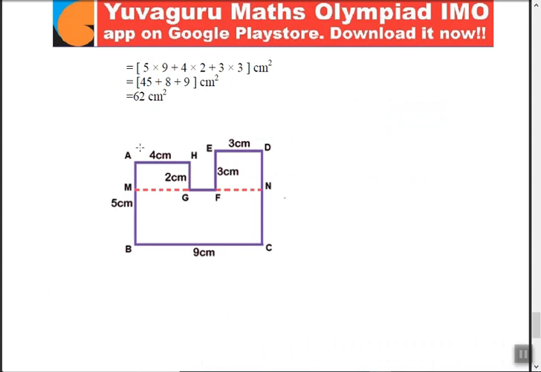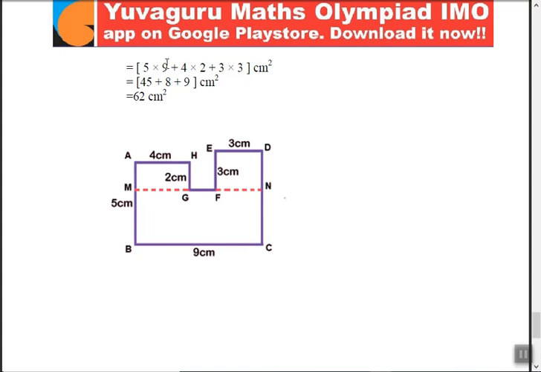See this example. This is an irregular shape. So what we do? We'll convert it to basic shapes whose area we can find out. See this rectangle, this one, then this above, then this above. 3 rectangles are there. So you have to find the area of all 3 rectangles and then just add them. What is the area of this rectangle, base one? 9 into 5.